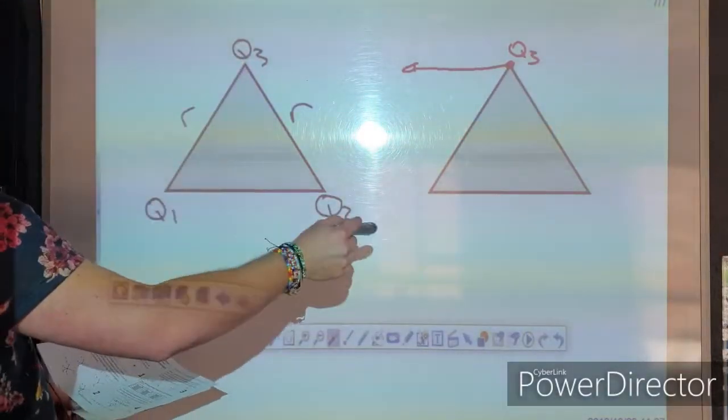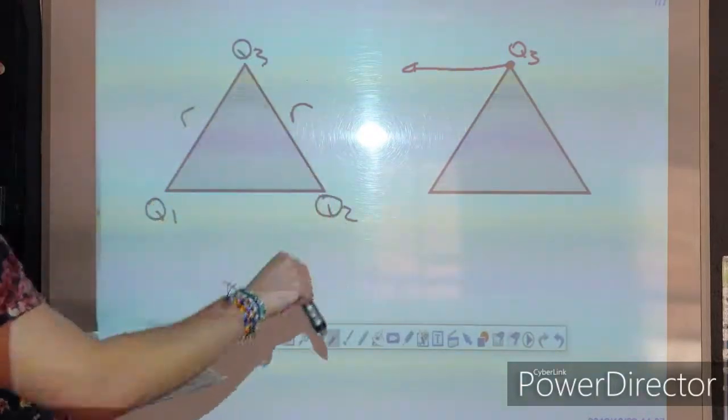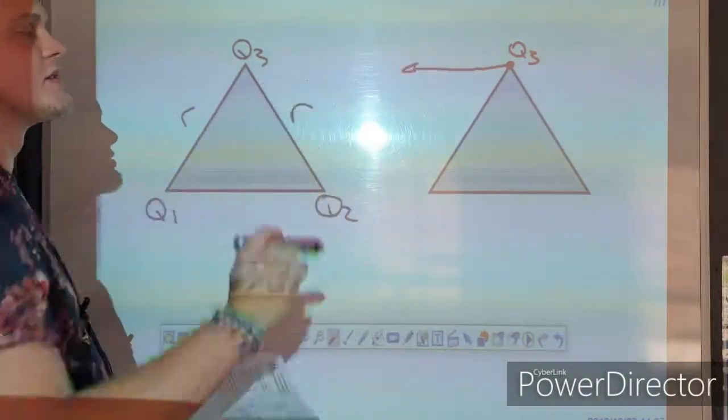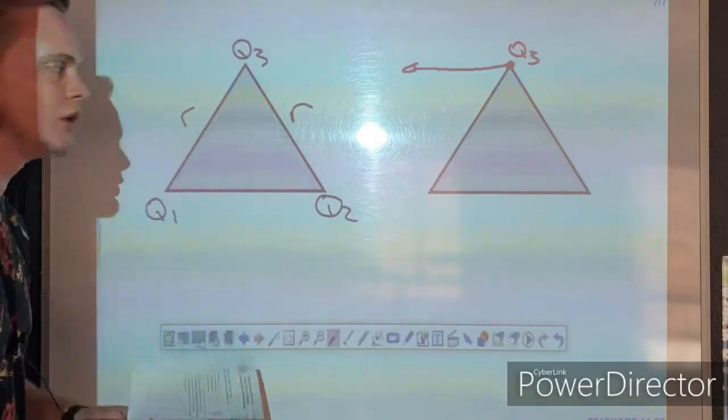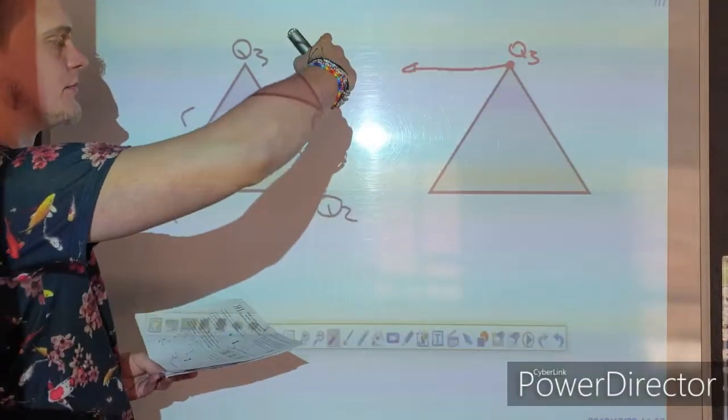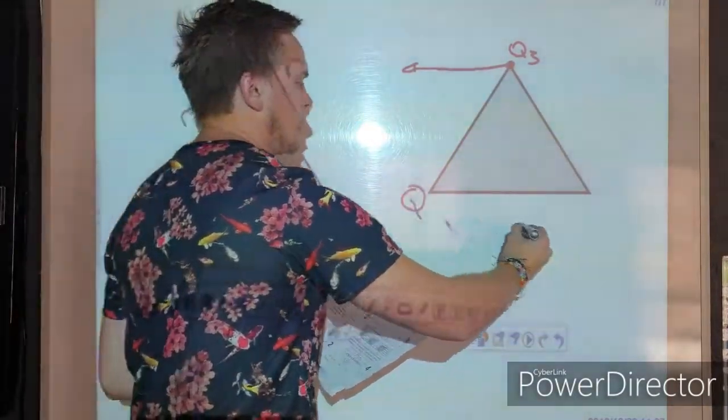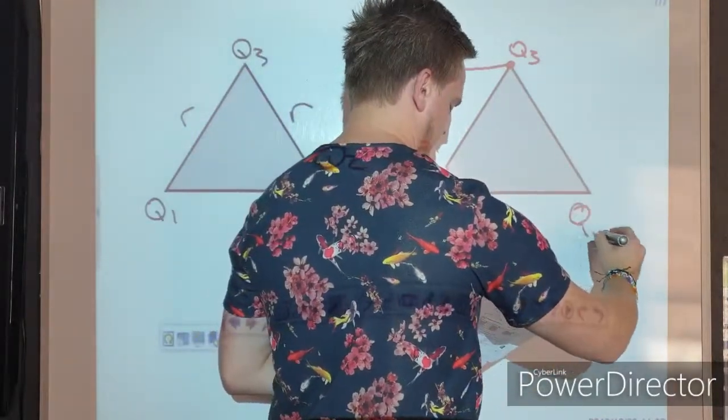So this is our setup. We have Q3, Q1 and Q2, distances, and the resultant force that Q3 experiences is to the west, if we have Q1 and Q2 over here.